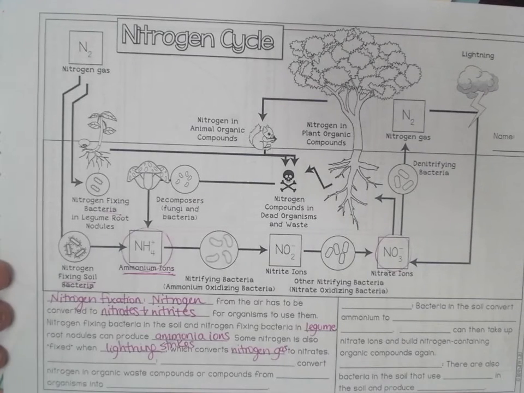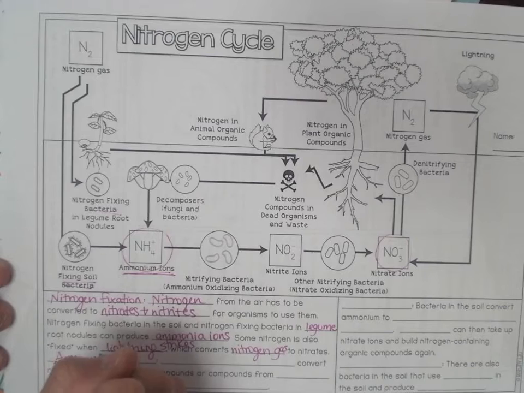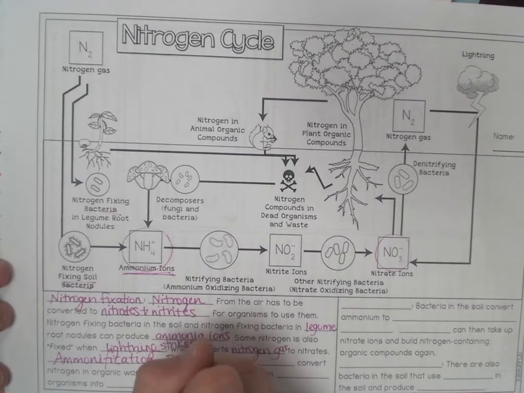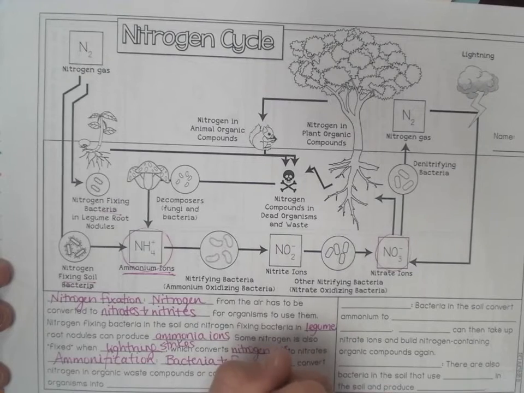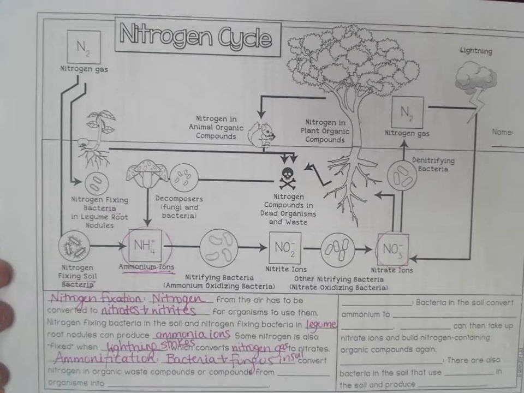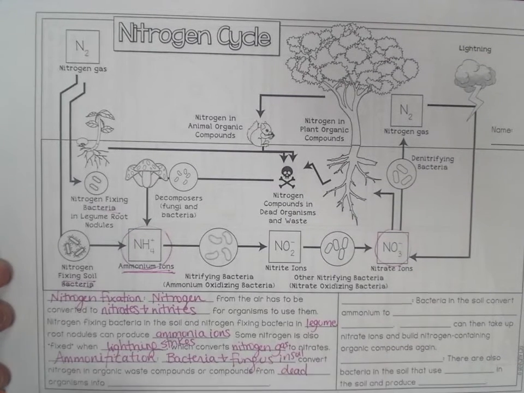Let's see what else. So then we have a process called ammonification. Ammonification is where bacteria and fungus in the soil convert nitrogen in organic waste compounds or compounds from dead organisms into ammonium ions.